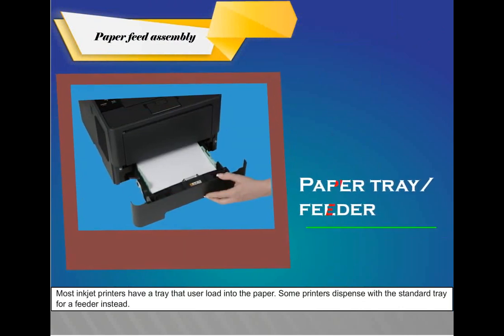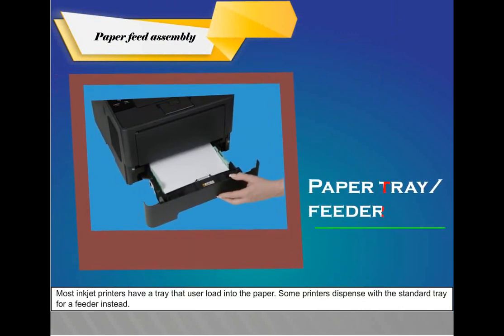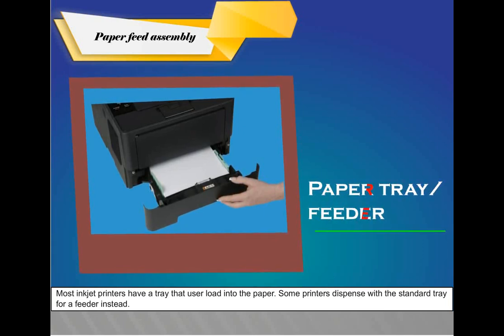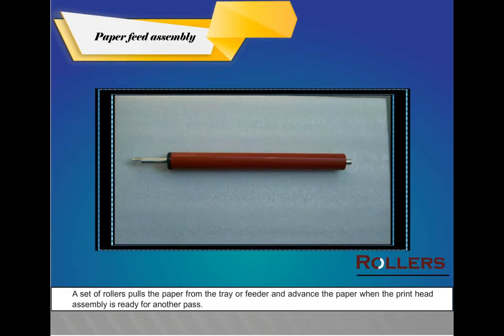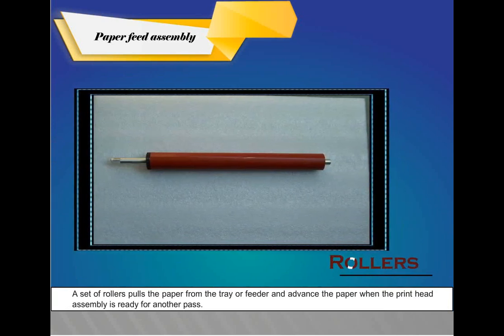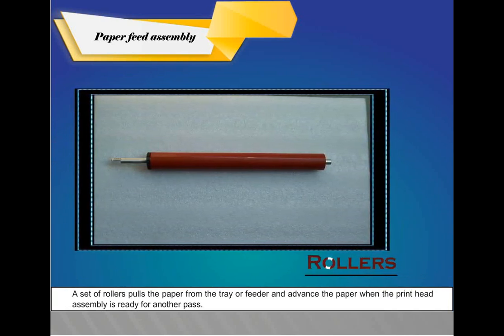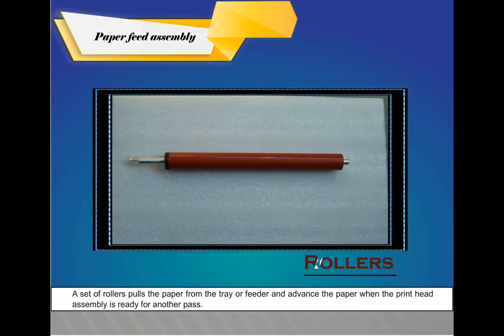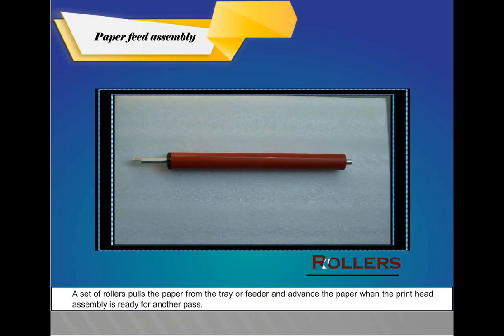Paper feed assembly. Paper tray or feeder. Most inkjet printers have a tray that users load the paper into. Some printers dispense with the standard tray for a feeder instead. Rollers. A set of rollers pulls the paper from the tray or feeder and advances the paper when the print head assembly is ready for another pass.